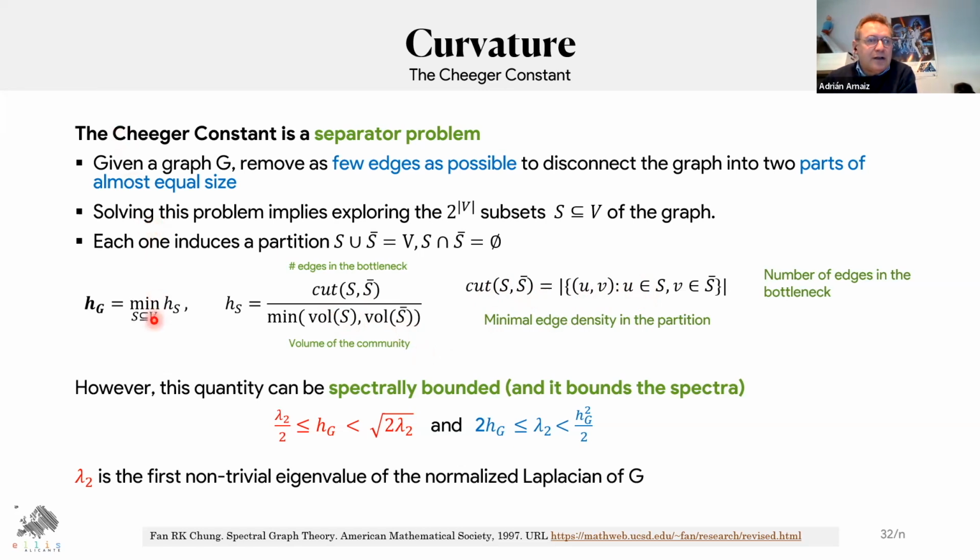Although this Cheeger constant is very hard to calculate, we can use some spectral bounds discussed in the book of Fan Chung and other works, and the Cheeger constant is upper bounded by the Fiedler value. The Fiedler value is becoming very, very important in the rewiring literature. And vice versa, we can bound the Fiedler value by the Cheeger constant.